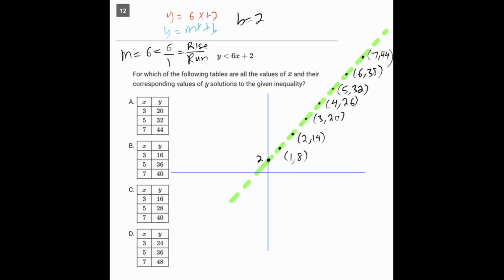Okay, now, like I said, having it be less than is the idea that we're shading below. So let's go ahead and put some shading in here. Okay, it's about as beautiful as I can make it there.